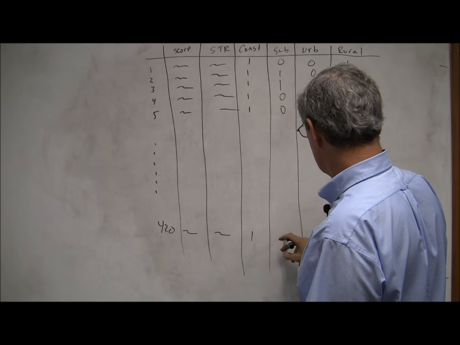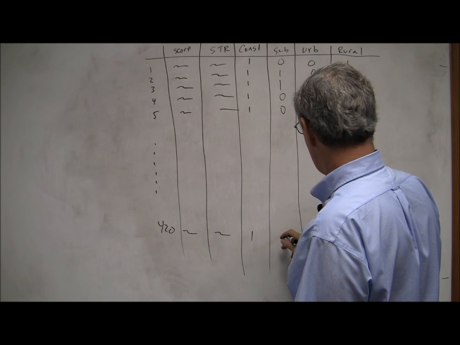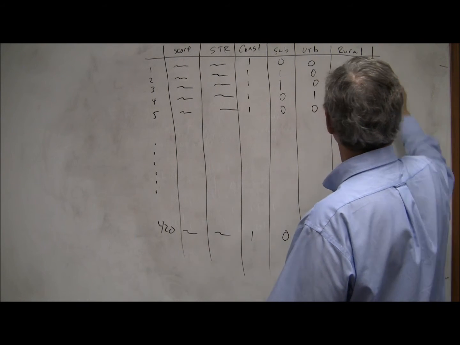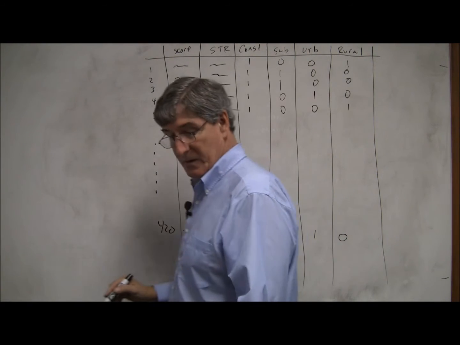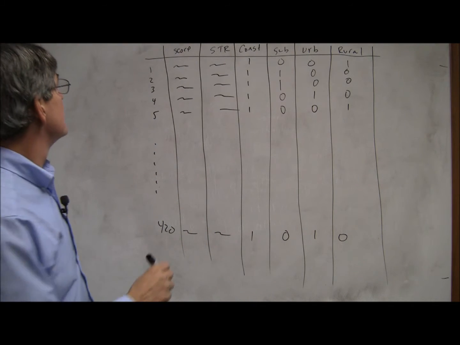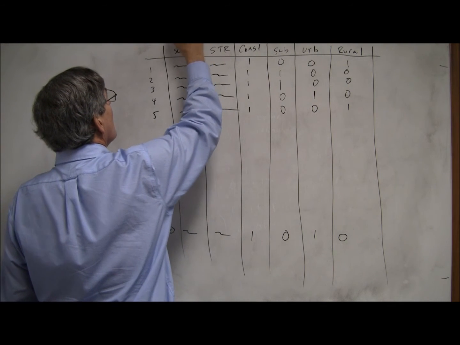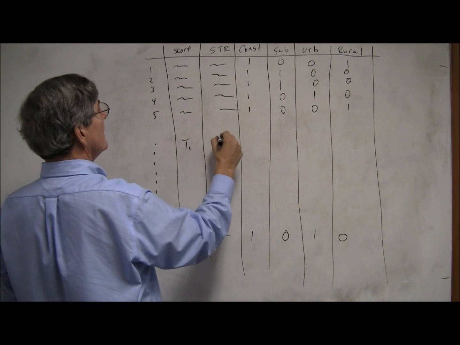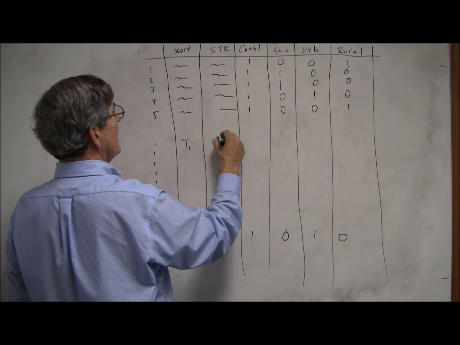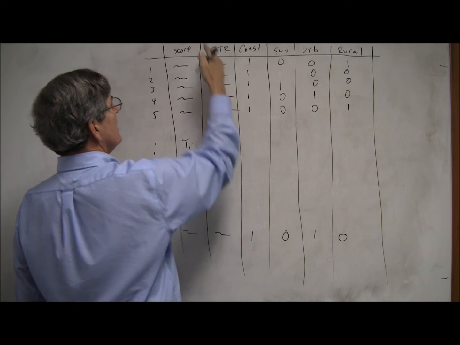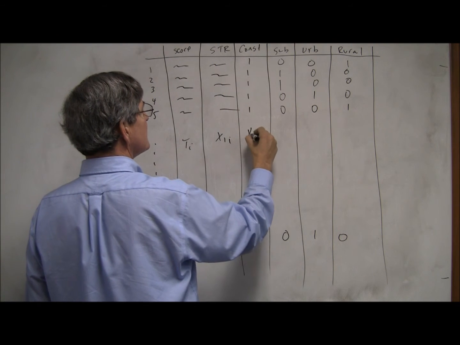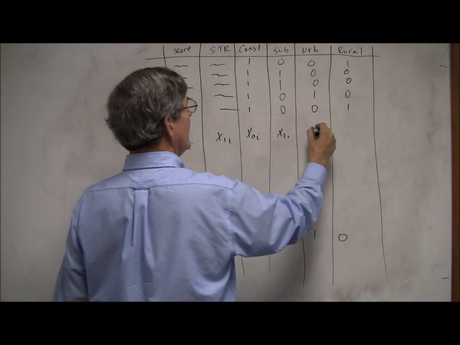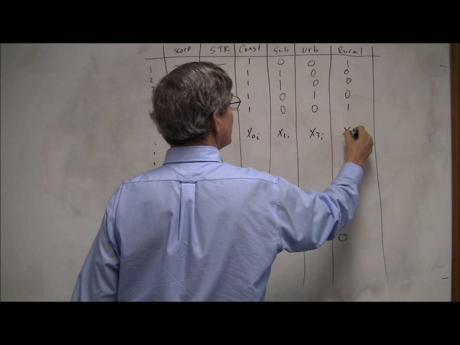And this last district down here is, I don't care, it doesn't make any difference, whatever it is. So this is yi. This column here is yi. This is x1i. I should have put the constant first. This is x0i, that's that constant. This is x2i, x3i, and x4i.